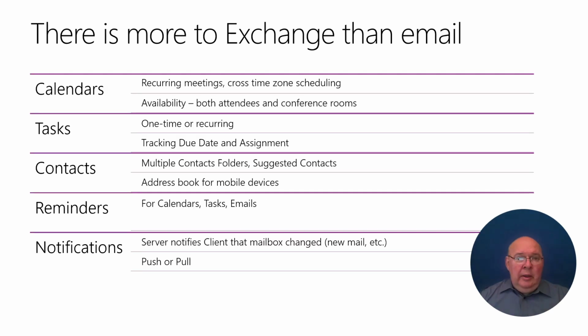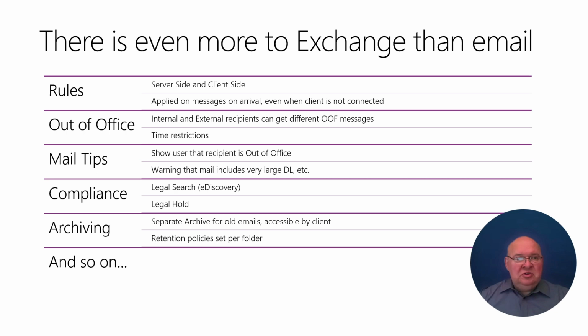And there is more to Exchange than just email. We have calendars, tasks, contacts, reminders, notifications. We also have rules, out of office, mail tips, compliance, archiving, and so on. And all those features are being represented by specific protocols.